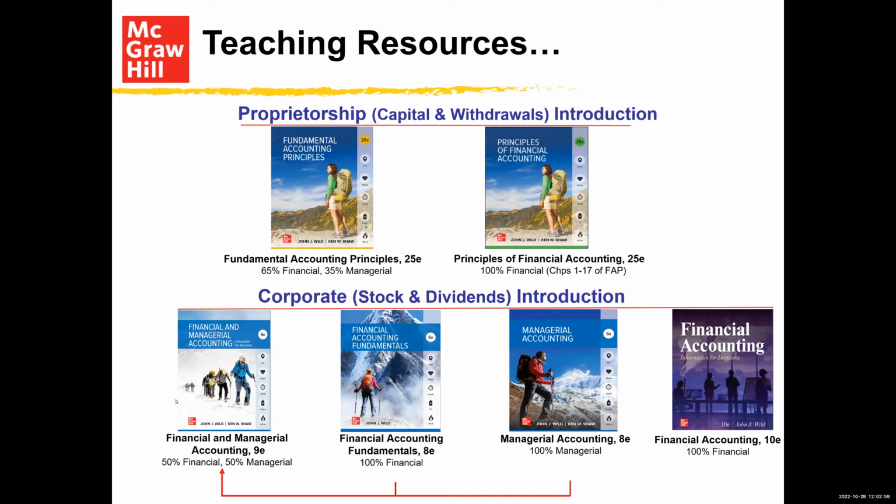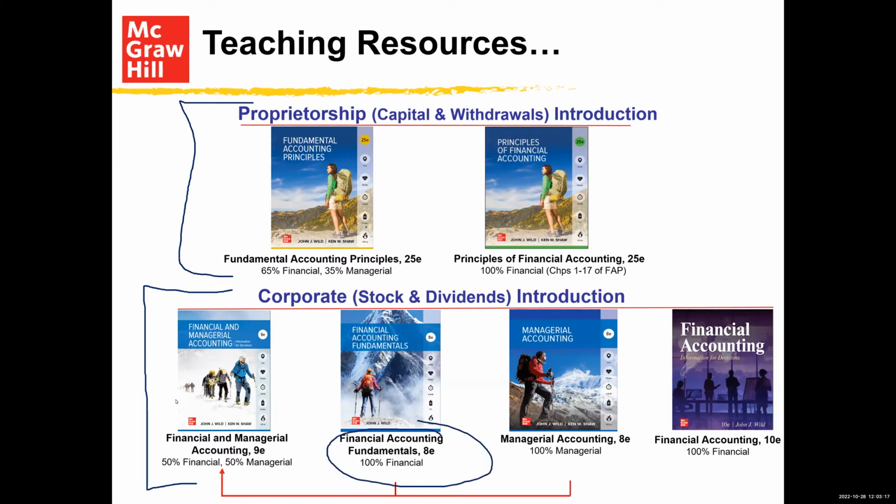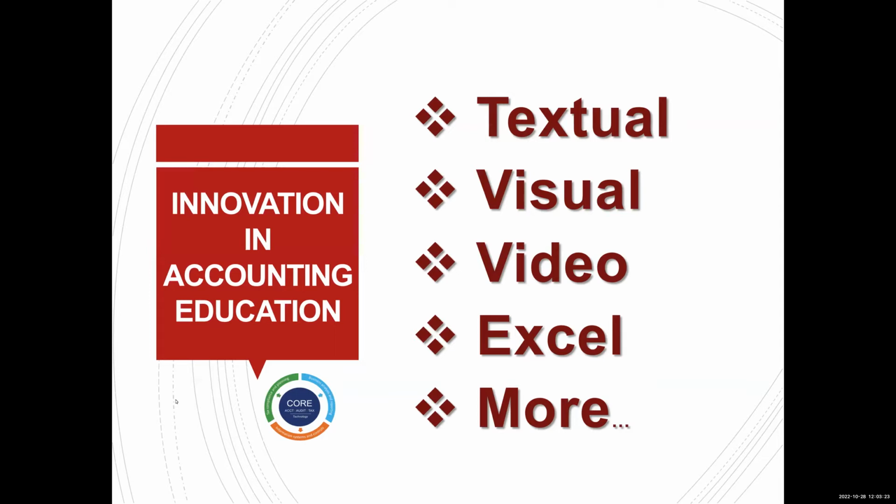Both financial and managerial accounting are covered in accounting principles. The financial and managerial accounting texts begin with corporations, which involve common stock and dividend accounts. The financial and managerial combo books can also be split and used as a separate financial accounting text or a separate managerial accounting text.